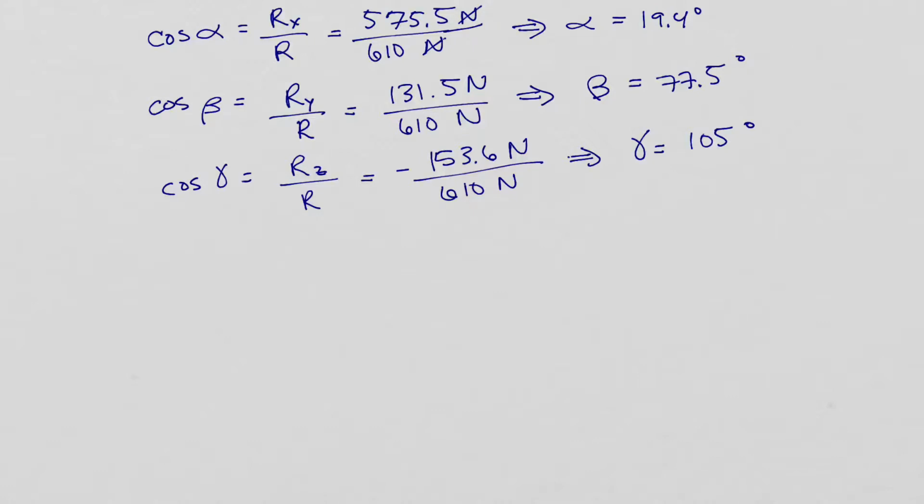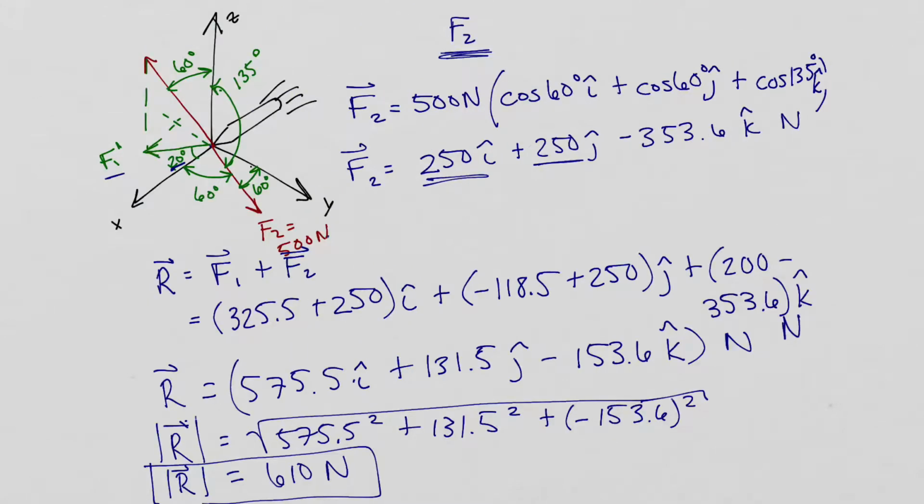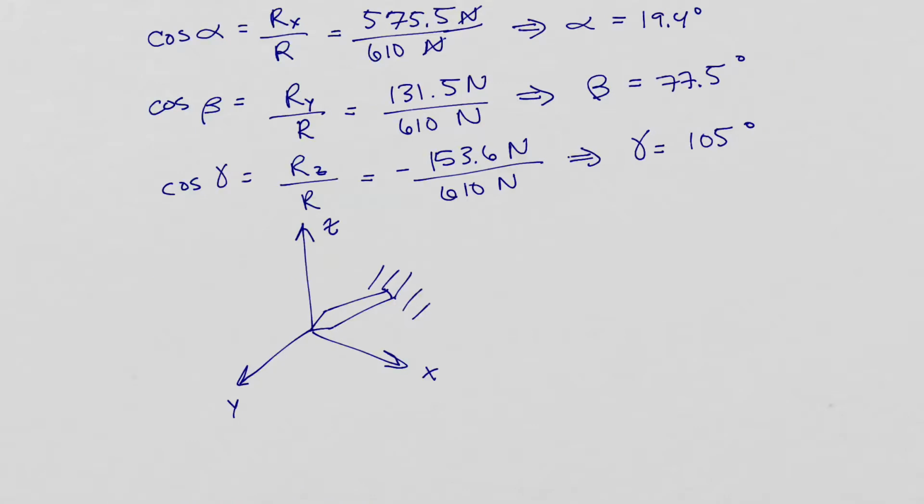So now we need to represent it back in the coordinate system. So I had this thing that was connected to the wall. And we have X, Y, Z. And so now we have that the force is 610 newtons, and the alpha is 19.4 degrees from the x-axis.